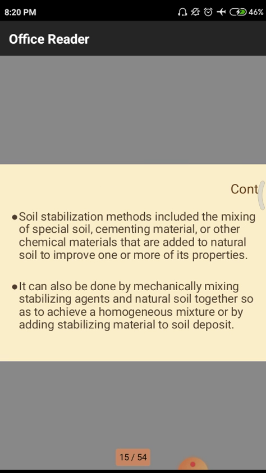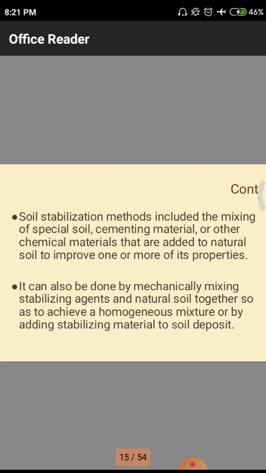Next one, soil stabilization methods include the mixing of special soil. Normally soil means a combination of carbon, hydrogen, silica, magnesium and other contents. So here special soil means a special material is added up to some content, so those soils we call special soils.